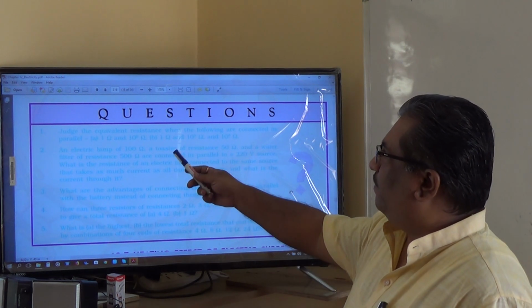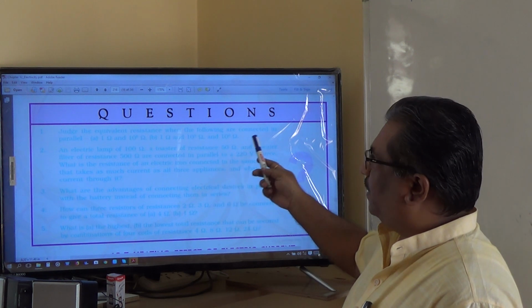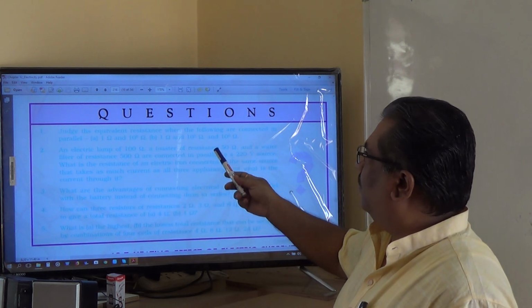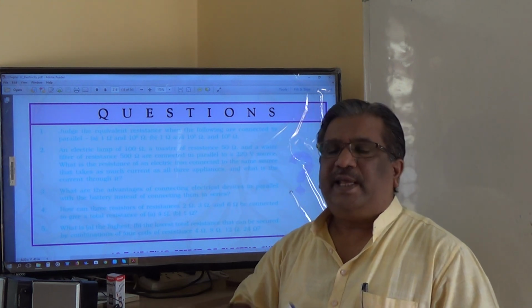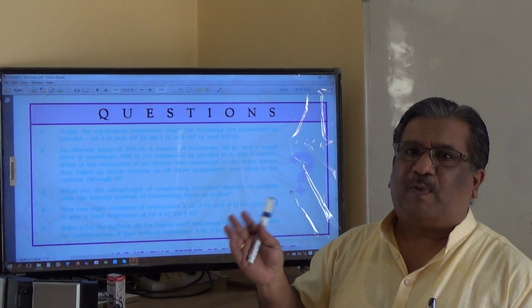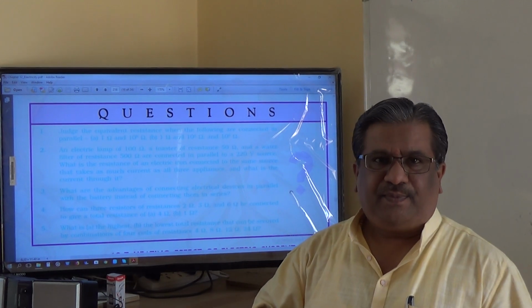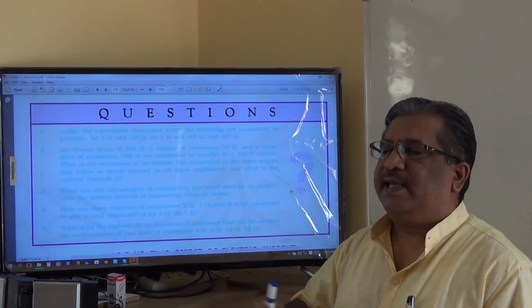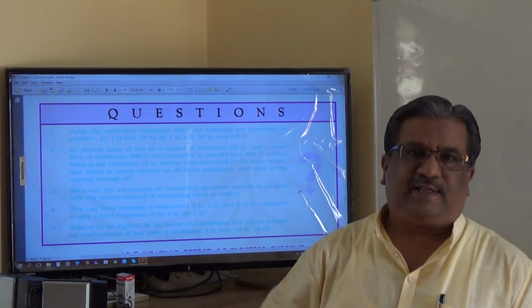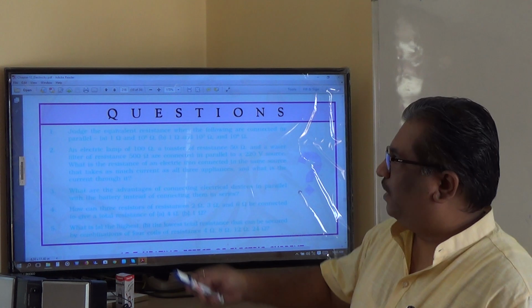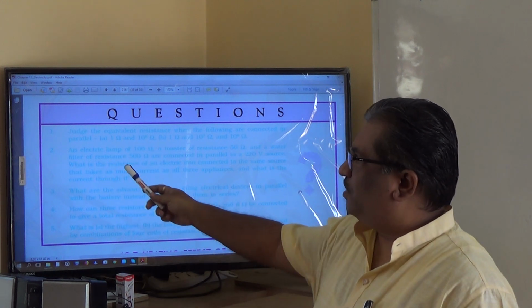Judge the equivalent resistance when the following are connected in parallel. Please listen carefully. The equivalent resistance of resistors in parallel will be smaller than the least resistance in the parallel combination. The equivalent resistance of a series combination is greater than the greatest resistance in the series combination. How can we judge it here?